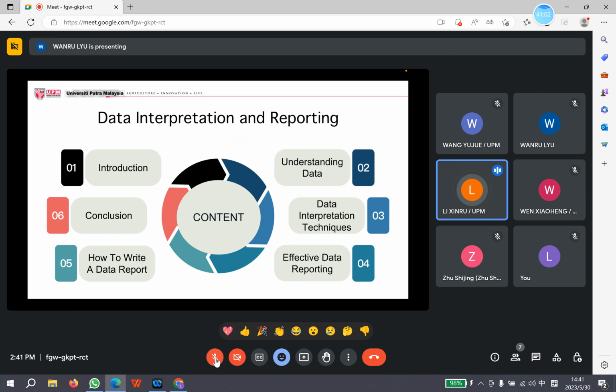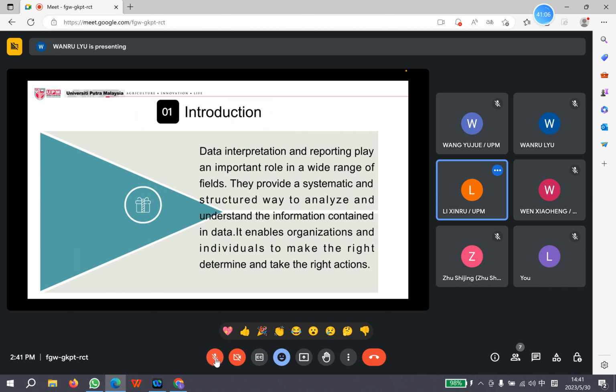It's divided into 6 parts. Okay, the next page. The first part is introduction. Data interpretation and reporting play an important role in a wide range of fields.